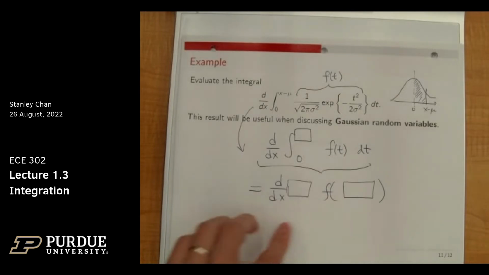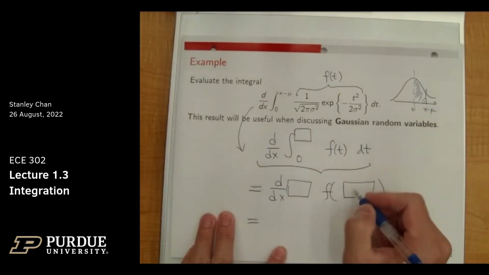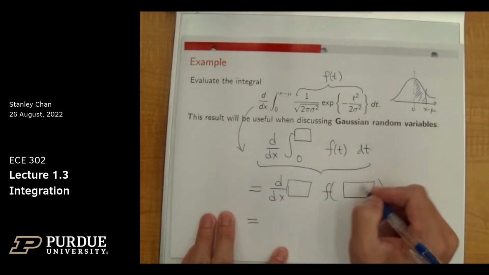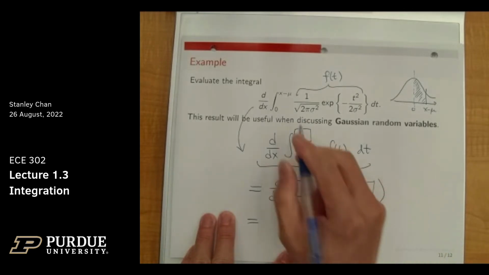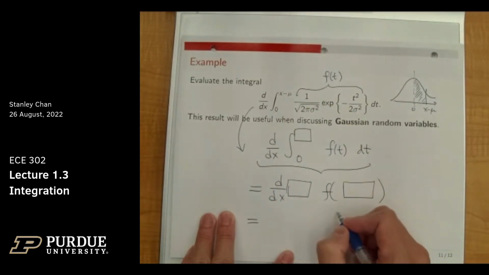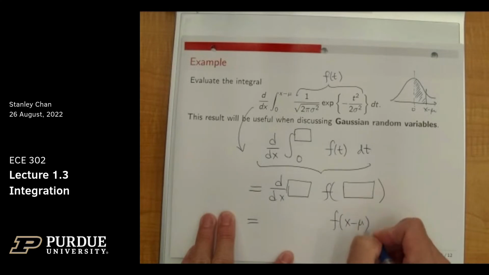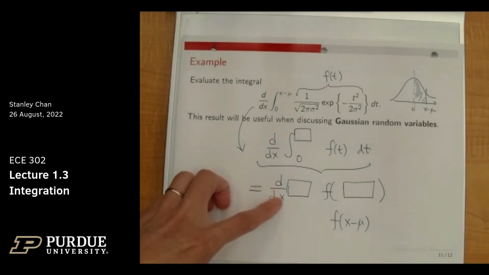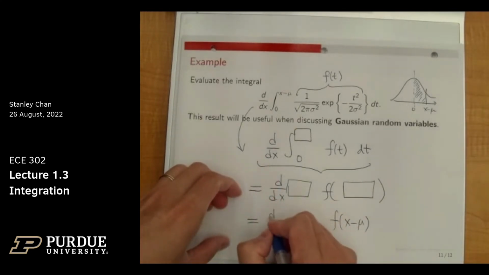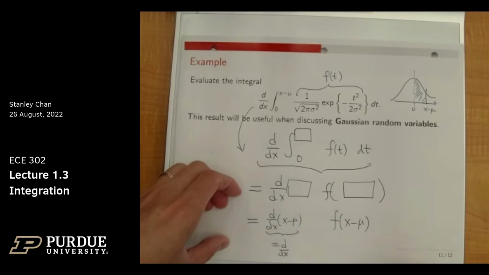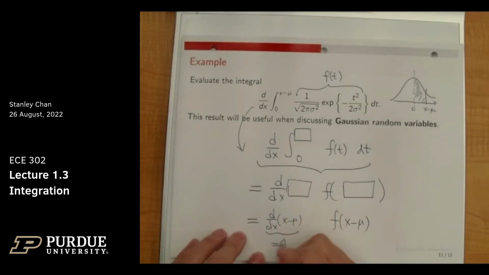So what I mean is that you have this f(t), and then you substitute this inside, so that has to be your x minus mu. So you have f of x minus mu, times d/dx of x minus mu. This is just 1.